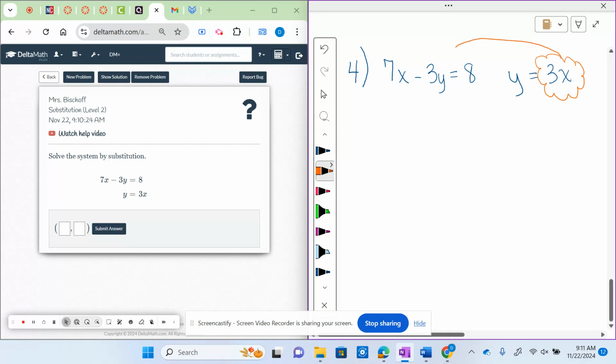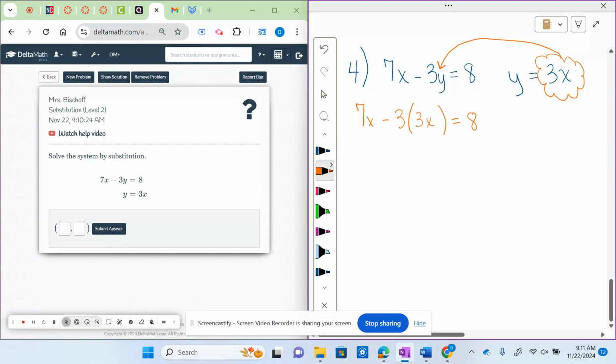So let me draw an arrow and show you what's going to happen to that. That -3 outside of it is still going to stay there, right? So I have 7x minus 3 times y. Well, I'm replacing y with the expression 3x equals 8.